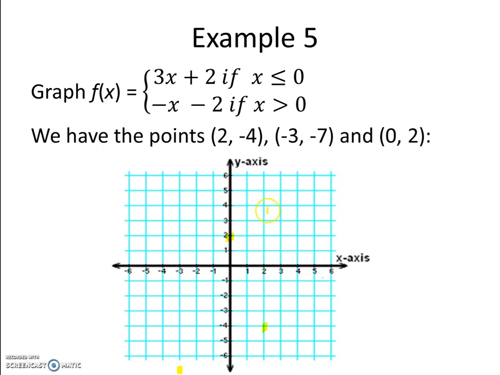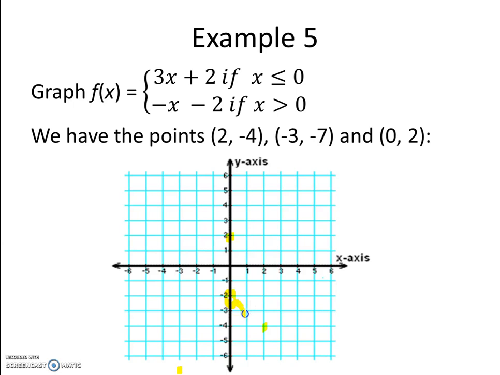I'd also like for us to look at this equation, and we can see that that y-intercept is -2, and I'm going to put a dot there. Actually, that's a -2 if x is greater than 0, so we're not including that point. So I'm actually going to put an open circle because we do not want to include that point.